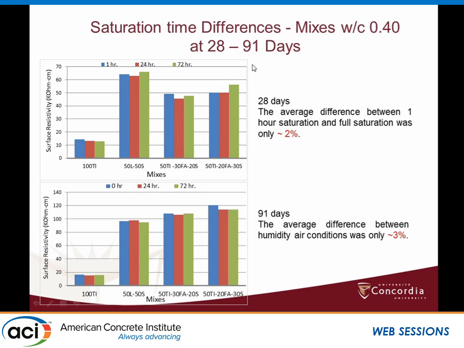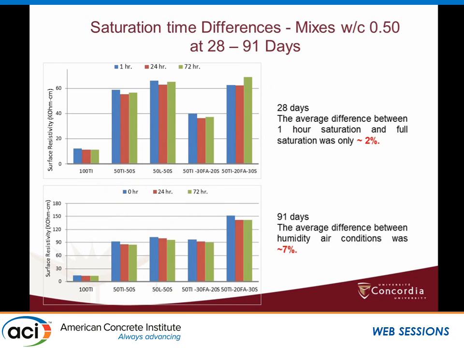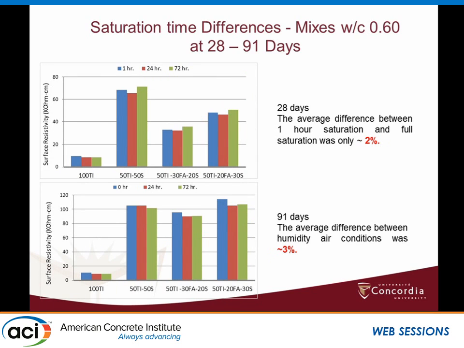At 91 days, the difference between the resistivity is only 3%. With the mixes with a 0.5 water cement, also the difference between every time that we measure is very small, 2%, and at 91 days 7%. For 0.6, also 2 and 3%.